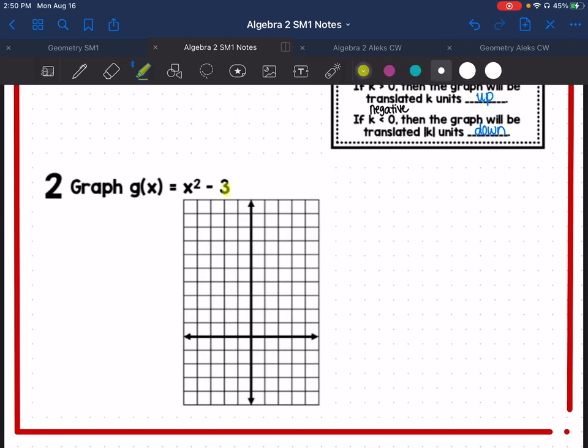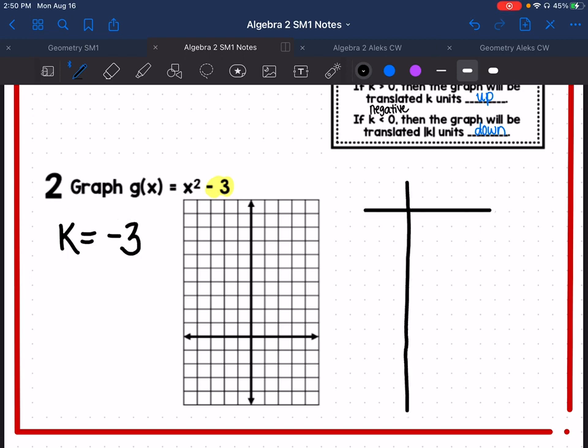So notice right here is my k value. This time k equals -3. We can always go back and do our table. And I'm just going to go ahead and put some numbers in there.